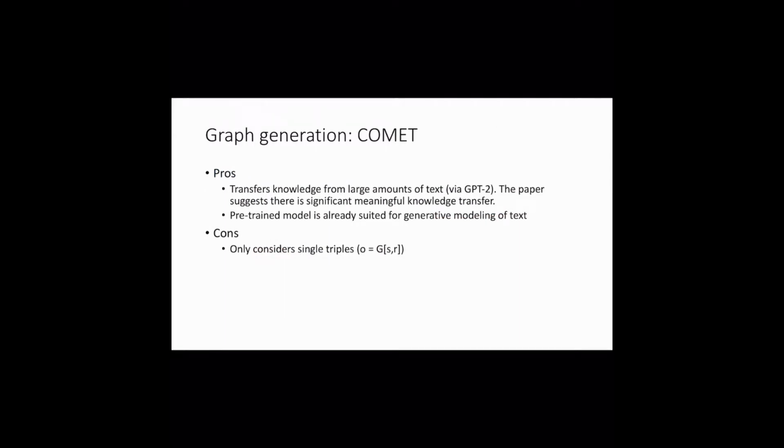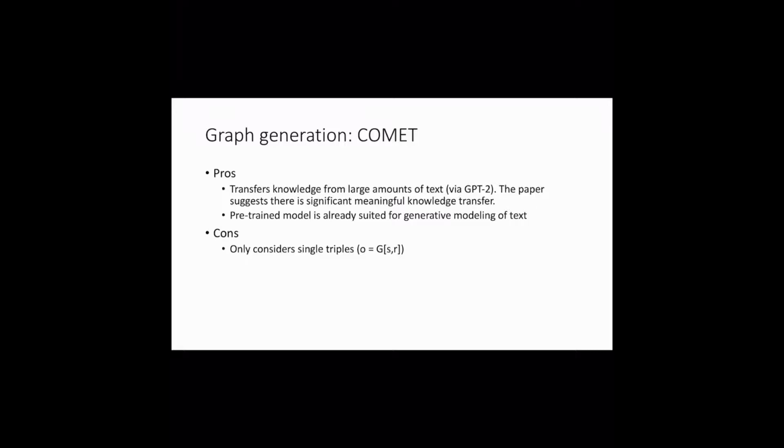The pros of this model is that it can potentially transfer a lot of useful knowledge from the pre-trained model. If we're generating a knowledge graph, since the pre-trained model sees so much text, it seems likely that information relevant to the entities in the knowledge graph will have been seen by the pre-trained model.